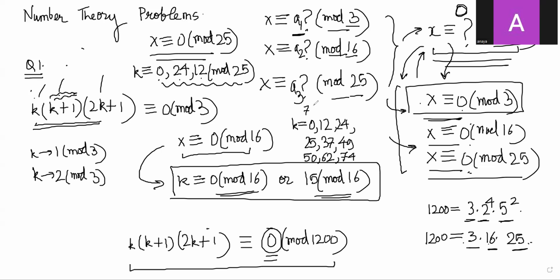And then after that, 75 and 87 and 99. And the next ones after that will be 100, 112, and 124. But out of all of these numbers so far, there is not a single number which is 0 mod 16 or 15 mod 16. The first one that fits is 112.